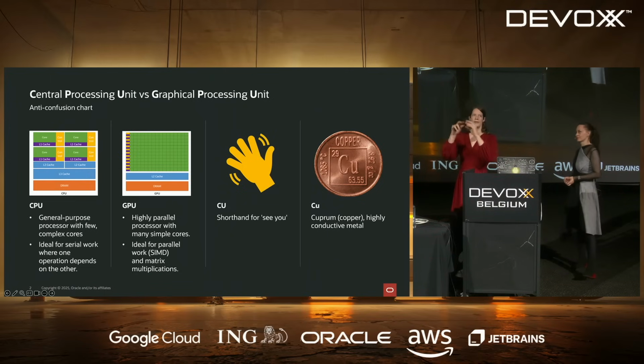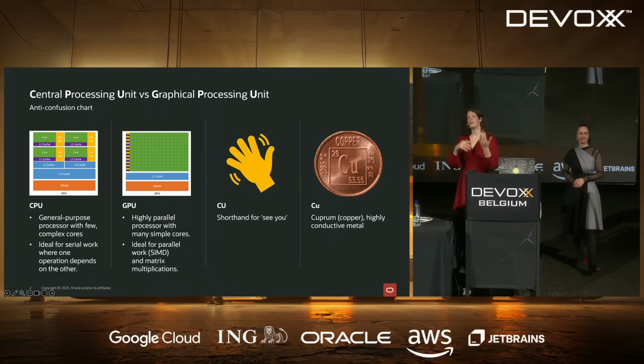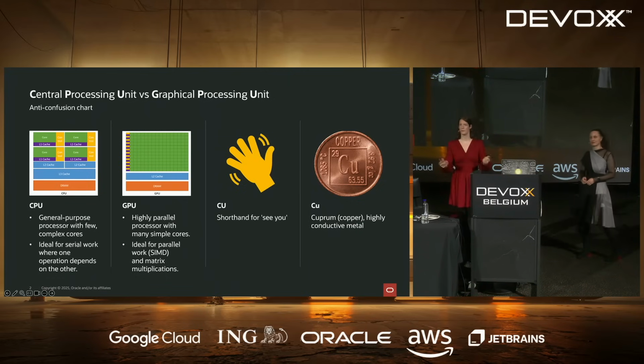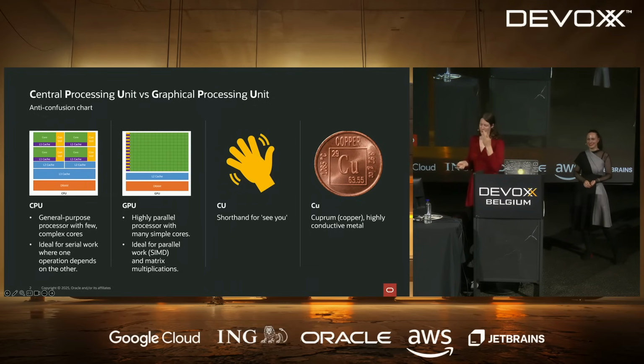So the same small piece of instruction or code is run on many different data inputs at the same time, which we will usually call vectors or matrices, which are two-dimensional vectors, or tensors, which have even more dimensions. CU, that's just for people that are too lazy to type out CUDA long, and Cu like cuprum, that's just a metal. So now we have that confusion out of the way.